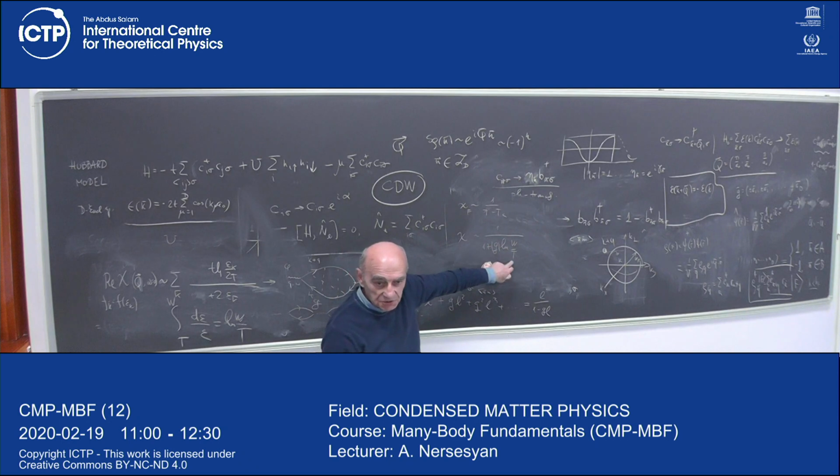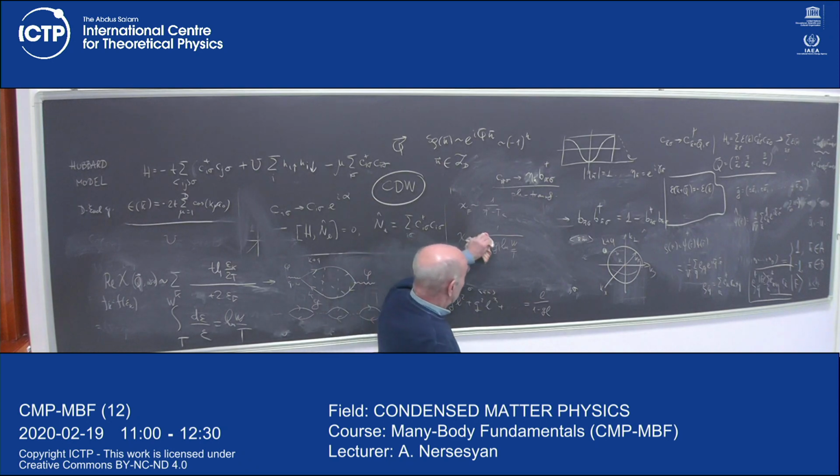I lower the temperature, and this denominator is never 0. The logarithm increases, the ratio decreases, that's it. Which proves the full stability of the metallic state. Nothing dramatic happens to the originally suggested metallic state.